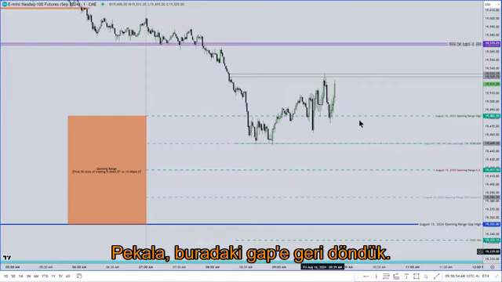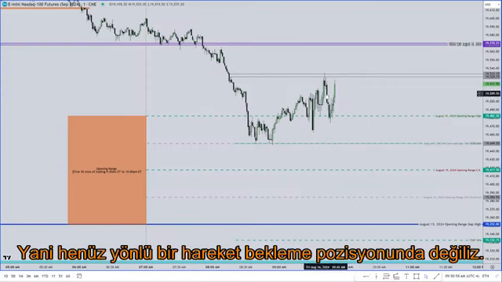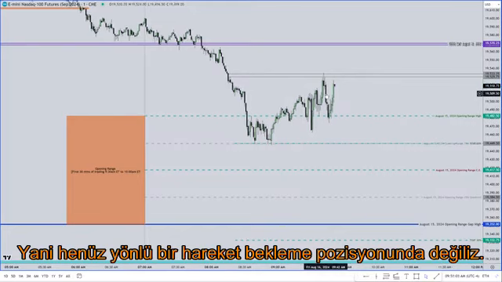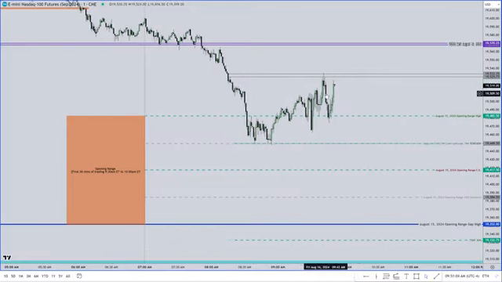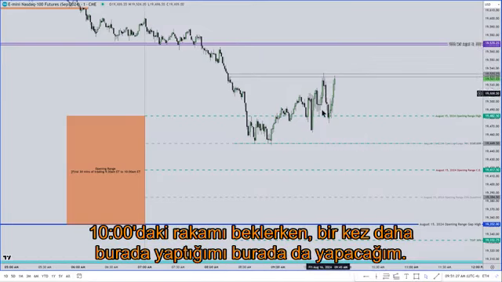All right, so we came back over to the gap here. I didn't want to see that, so we're not in any position of expecting a directional run yet. 9:51, so we're inside the macro. Touch the fair value gap there once more.